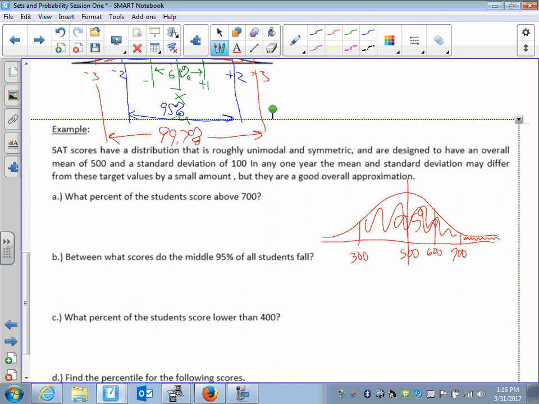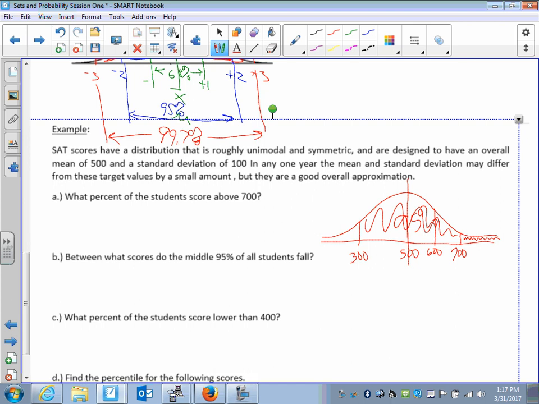Okay, we're back. Now, 700 is 2 standard deviations above the mean. 300 is 2 standard deviations below the mean. So between those two numbers is 95% of the data by the empirical rule. Now, the curve has symmetry with respect to the y-axis. So we're going to have the same amount on the left as we have on the right.